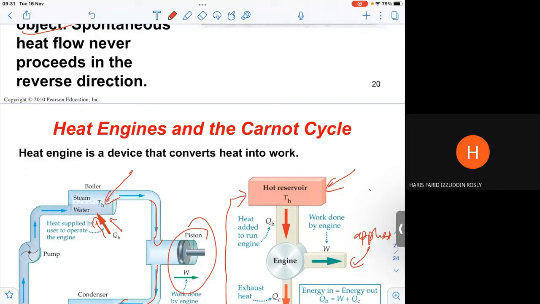That means the cycle goes from the hot reservoir to the cold reservoir and returns back to the hot reservoir. And then, of course, we will calculate the efficiency, or some heat loss from hot to cold, or maybe from cold to hot, if it is reversible.